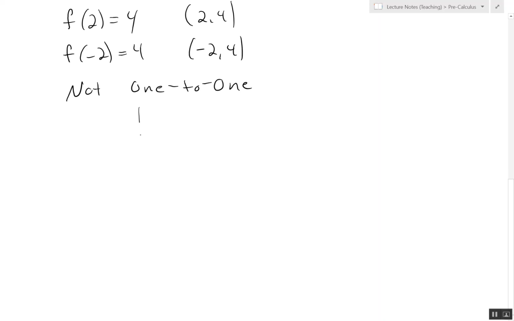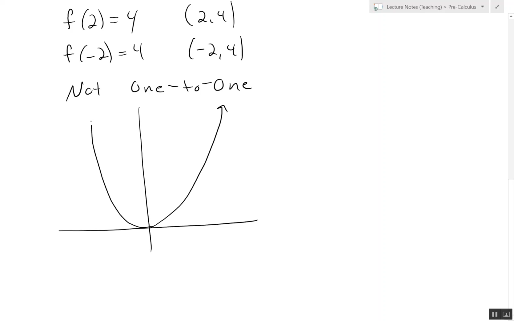And if we look at the graph of this parabola, we'll have 2 here and -2 here. And we have 2 points to go with 4.